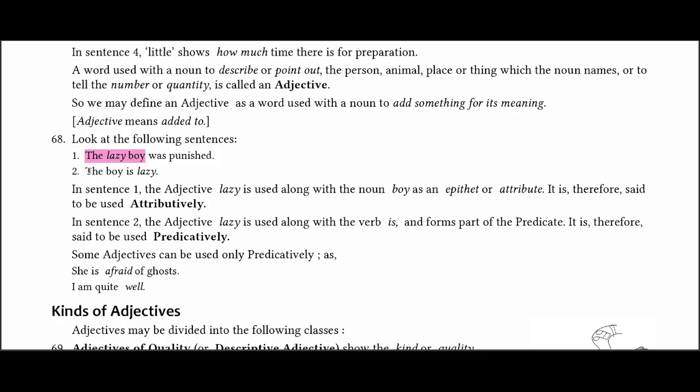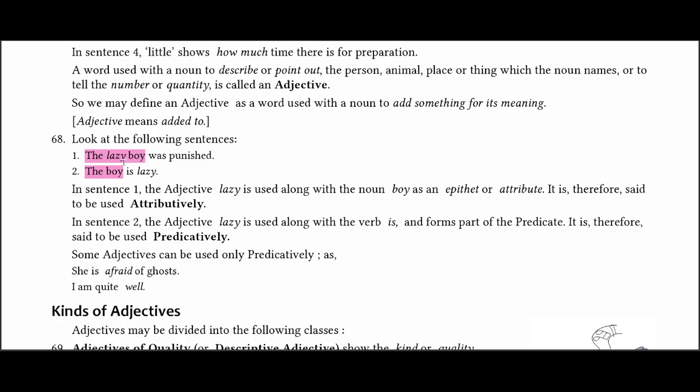Now look at the second statement. The boy is lazy. Now here in this statement, the boy is the subject and is lazy is the predicate. Again, in this sentence too, lazy is describing the boy and telling us what kind of boy he is. In both these sentences, lazy is an adjective modifying boy.